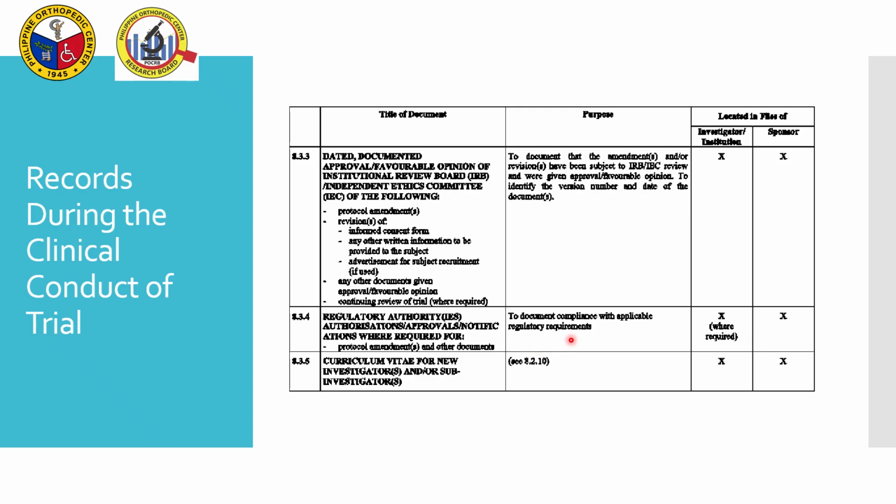This acts as the primary evidence of compliance with applicable regulatory requirements. Again, this is required in the files of both the investigator and the sponsor. Note the "where required" tag for investigators, as specific local laws may dictate which notifications they must personally archive.